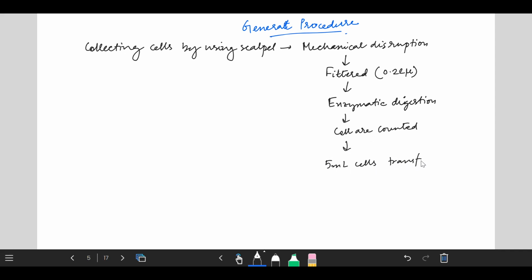Then the flask is incubated. After that, they are observed daily for their natural growth and characteristics. And obviously, media is changed every 2 to 3 days until the cells attain 80% confluence.